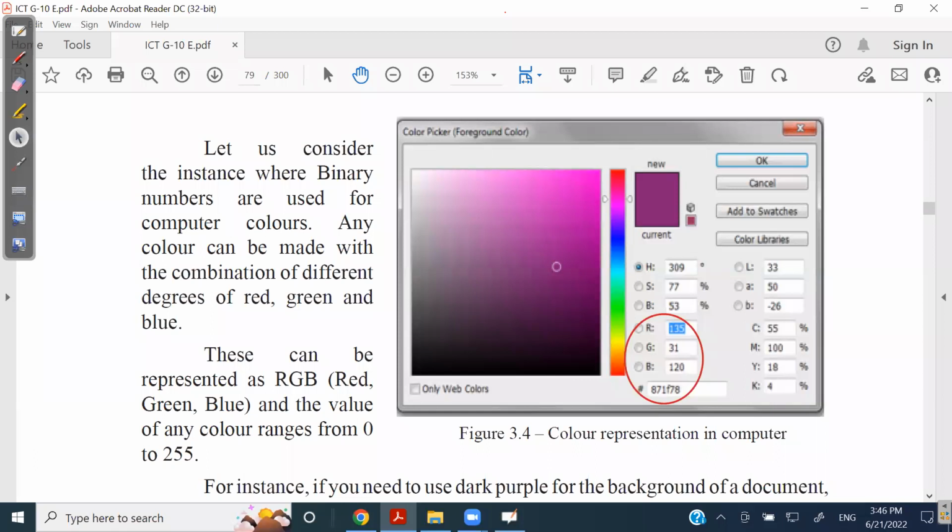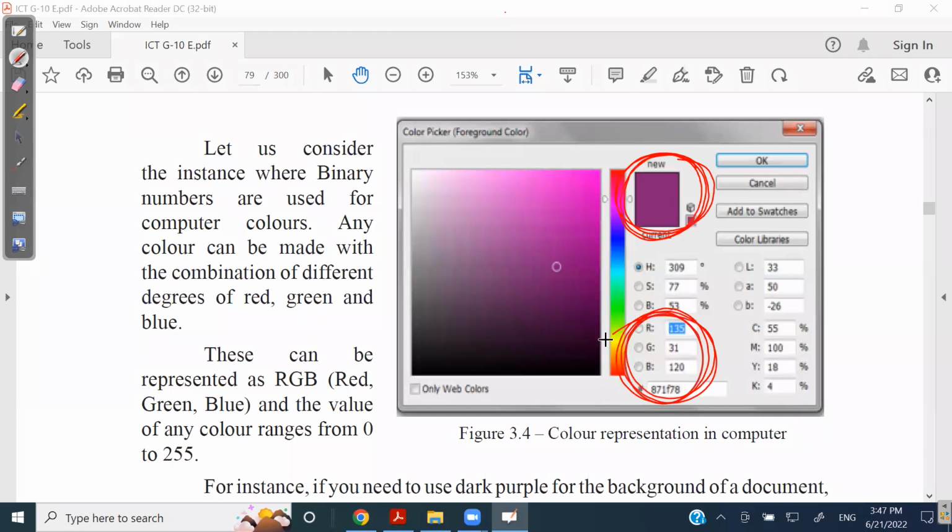As it shows, there are 135 of red, 31 of green, and 120 of blue used to create this purple color. Which purple color? The purple color that they have taken into this area. If I click my mouse pointer somewhere else, it will change these values automatically.